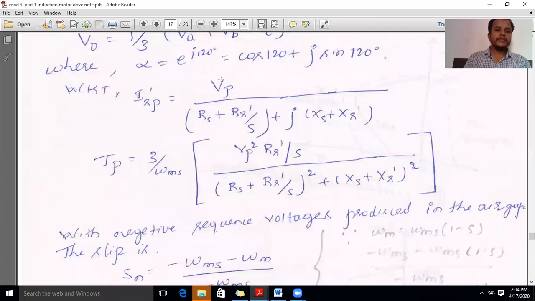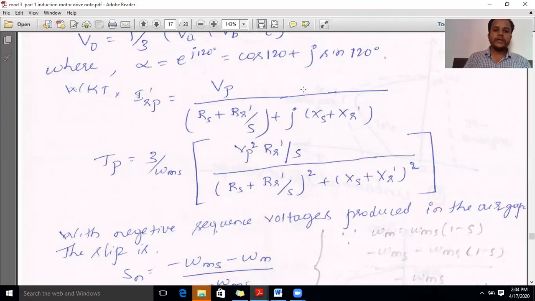Here we are writing Vp, the positive sequence voltage, divided by Rs plus Rr dash divided by S, plus j (Xs plus Xr dash).